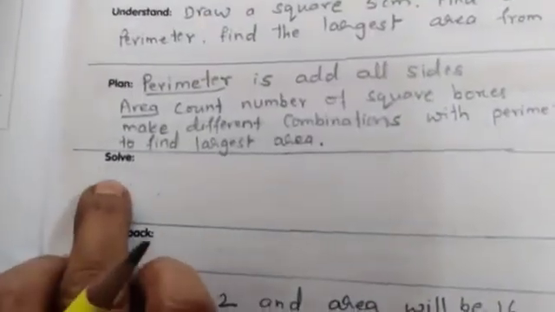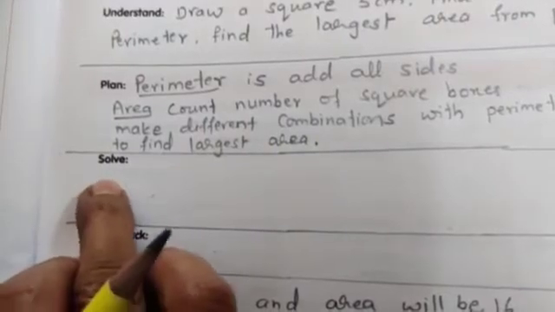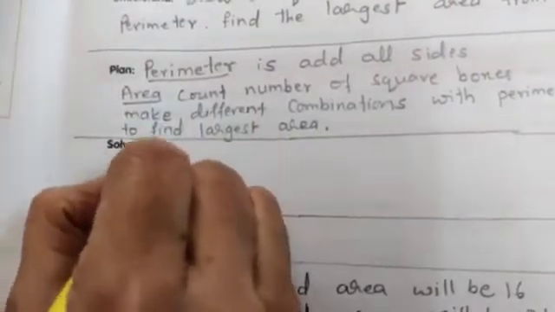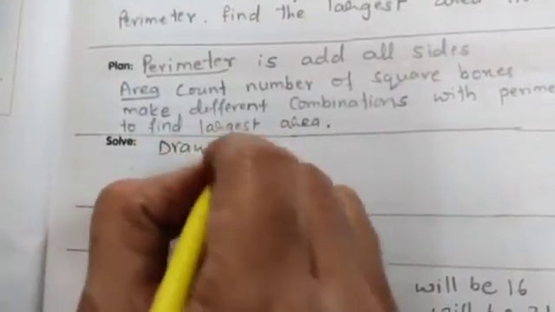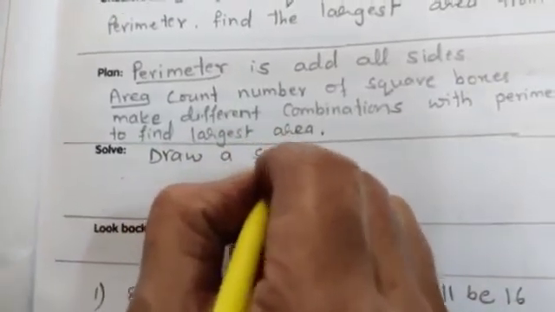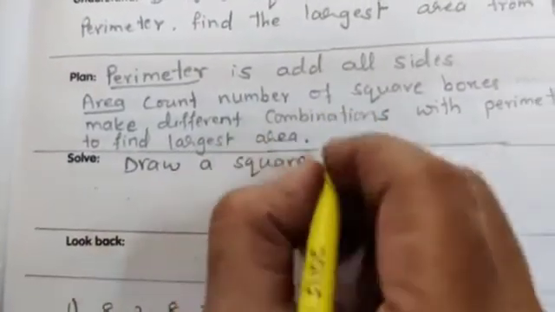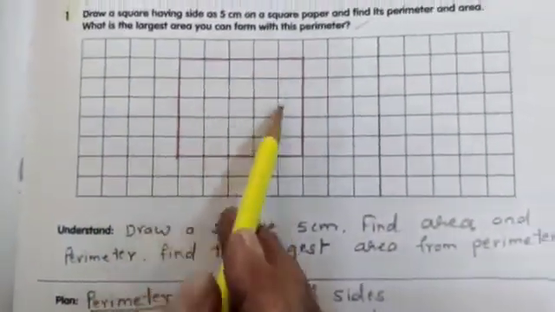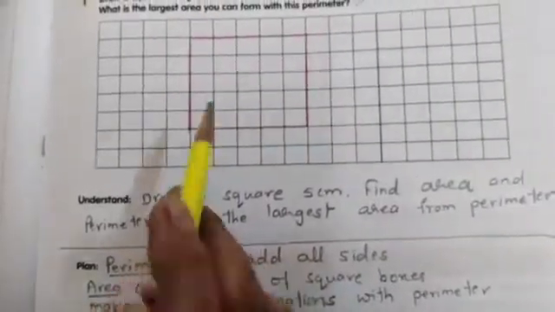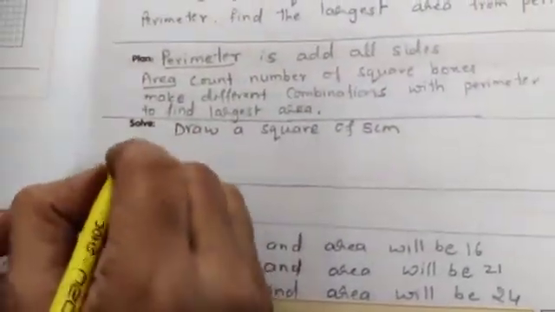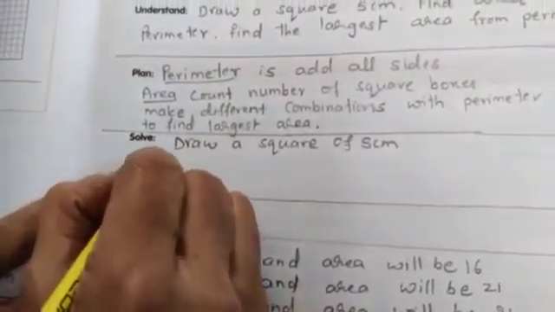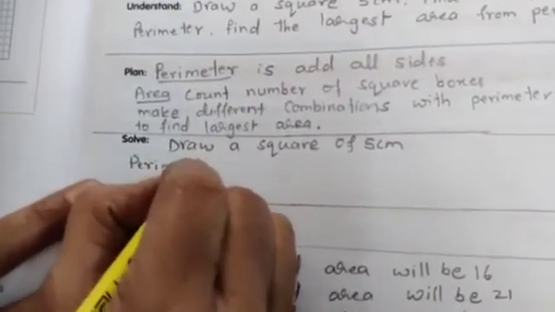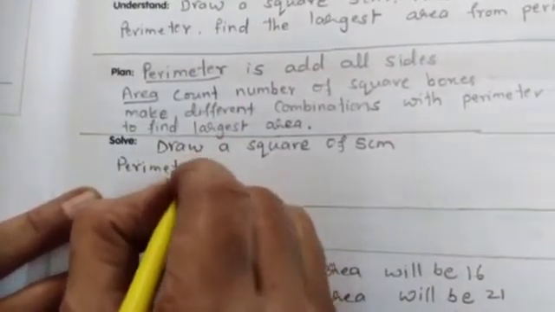Now solve. In solve, first you have to draw a square of 5 centimeter. Here I already drew it, children. Next you have to find the perimeter. How will you find it?